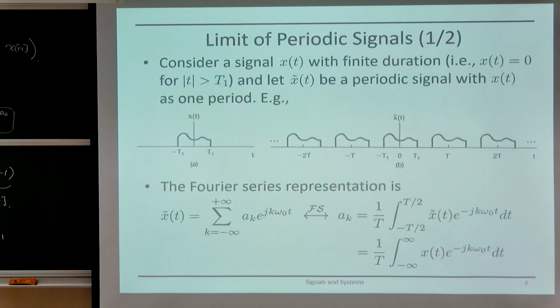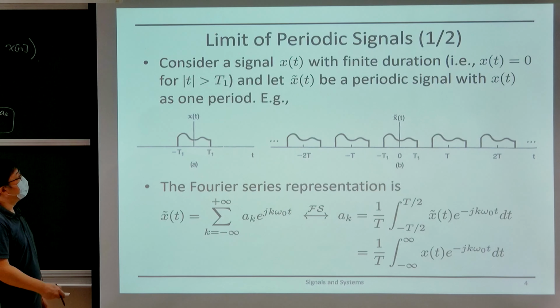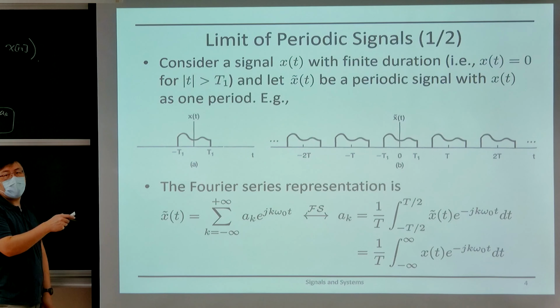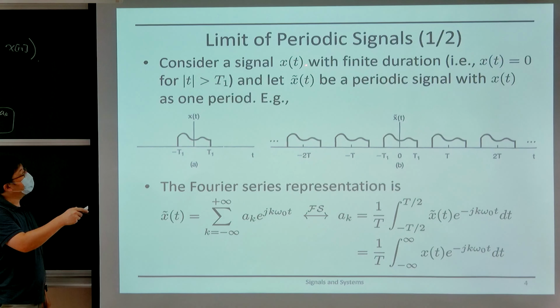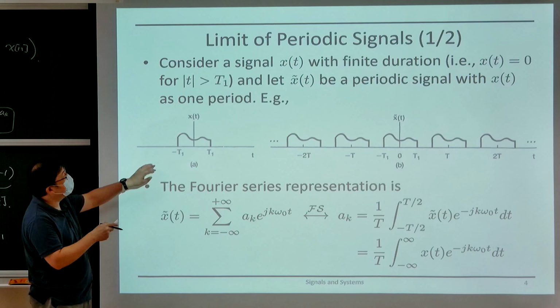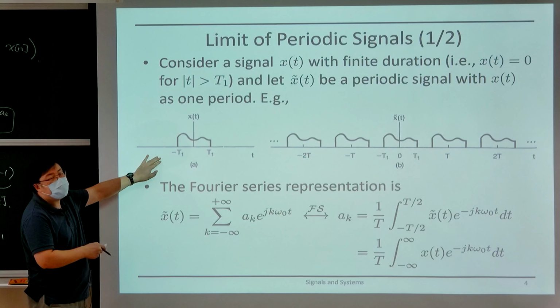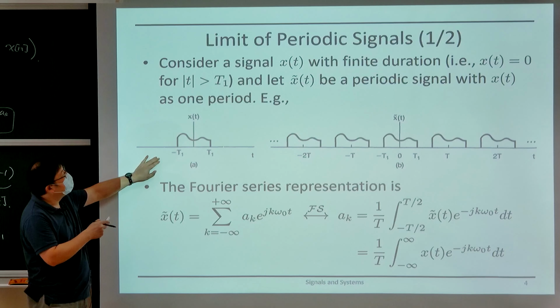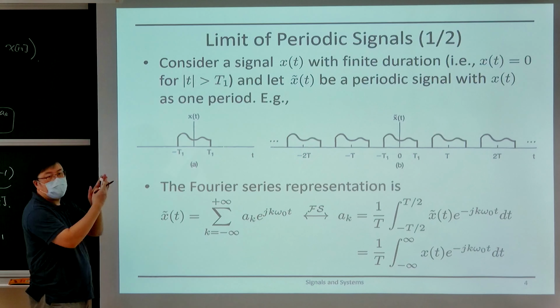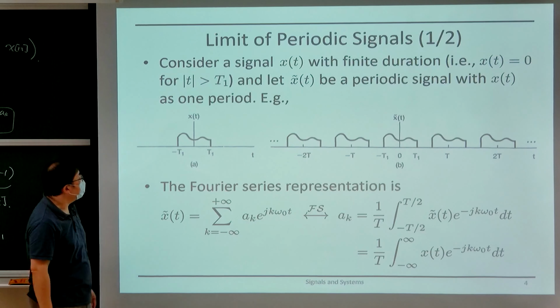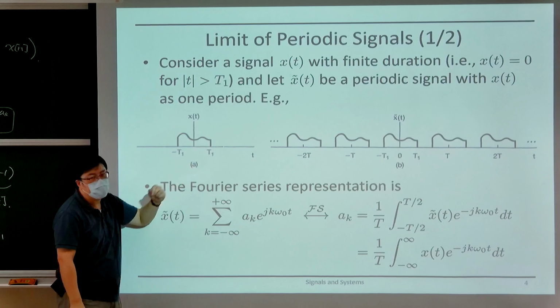Now, suppose that we're interested in looking at the Fourier analysis of this aperiodic signal x(t), okay? So suppose we have a signal x(t) that is of finite duration, meaning that it is non-zero only within a certain finite period. Suppose that x(t) looks something like this.